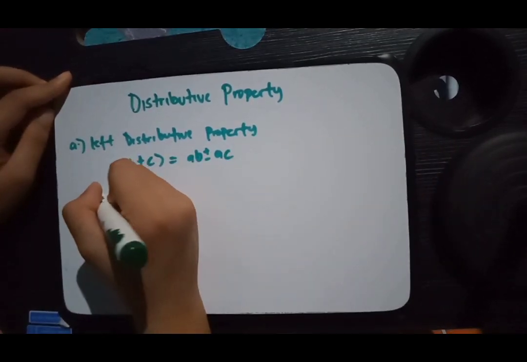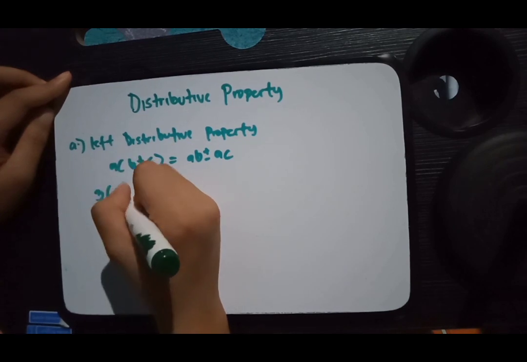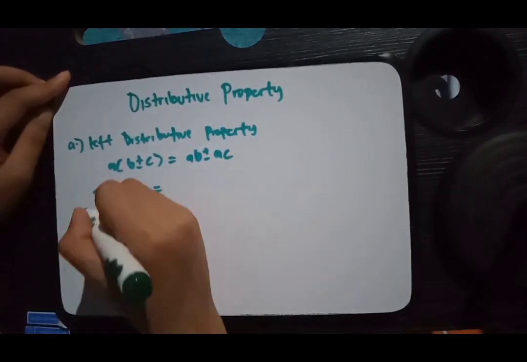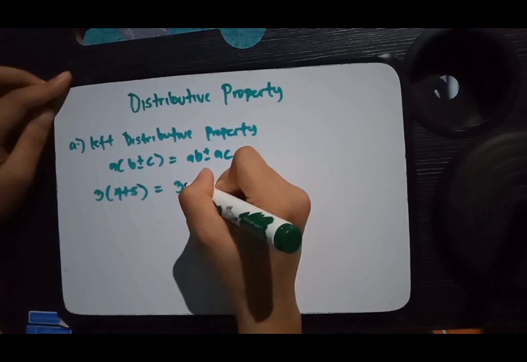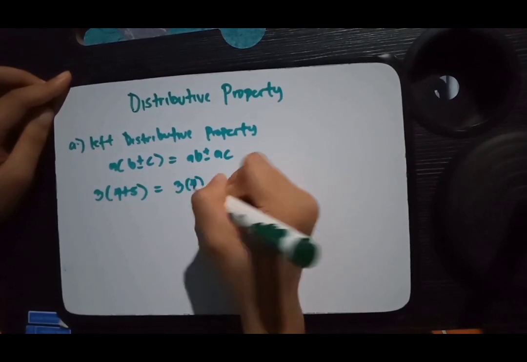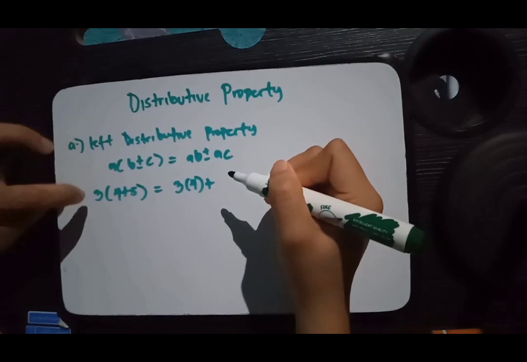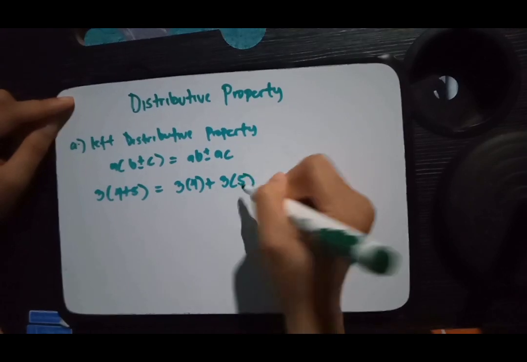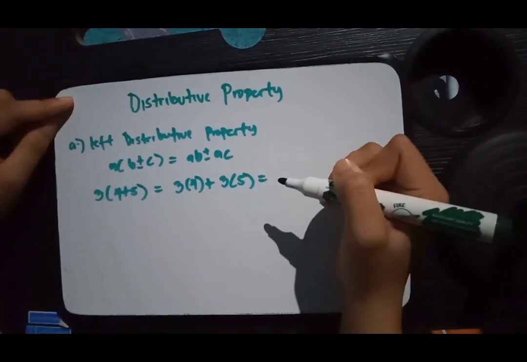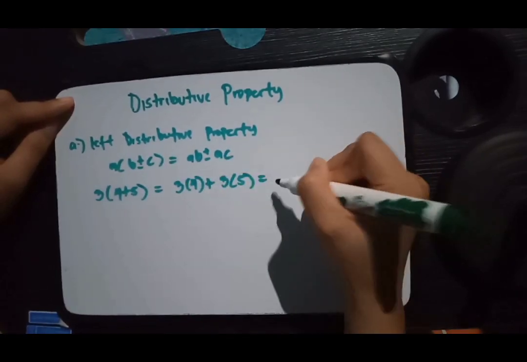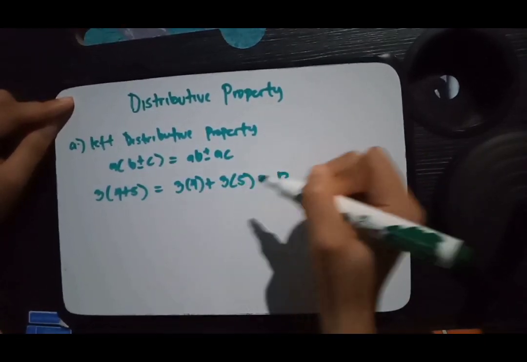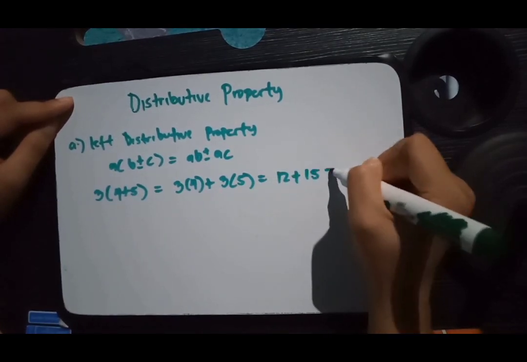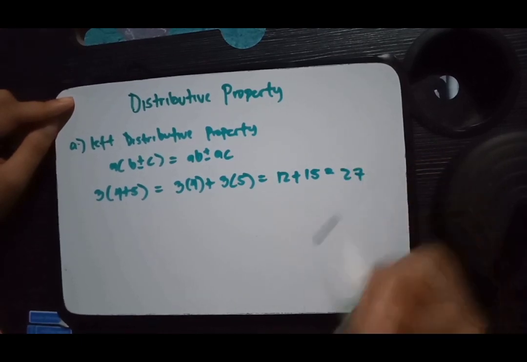So, for example, we have here 3 times 4 plus 5. Our A is 3 and our B is 4, C is 5. So, 3 times 4 plus our A is 3, our C is 5. So, 3 times 5 equal to 3 times 4, 12, plus 3 times 5 is 15, plus 15 equal to 27.